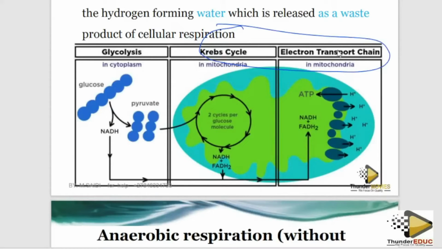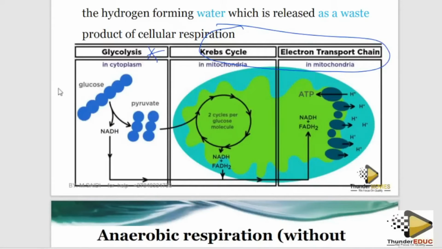Because we use oxygen in these two phases, it means this phase does not require oxygen. It means anaerobic respiration only occurs in glycolysis. It doesn't involve the Krebs cycle, oxidative phosphorylation or the electron transport chain.